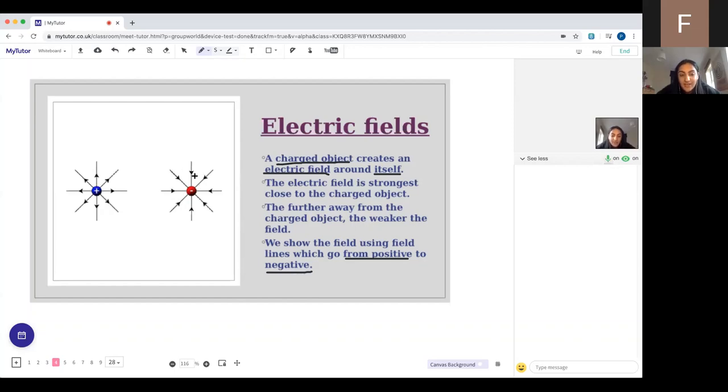And if we have a negative charge, electric field lines go towards negative. So there are two conventions of electric field lines: how close they are determines how strong the field is, and they must always be in the correct direction, which is away from positive and towards negative.